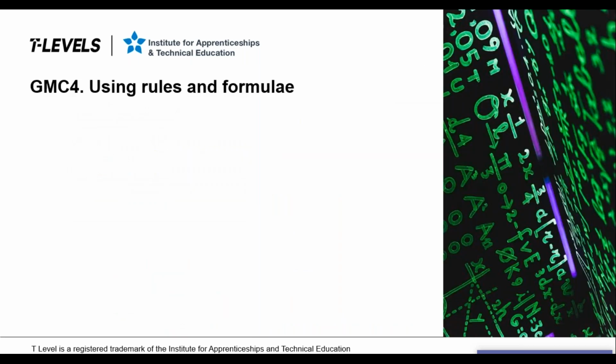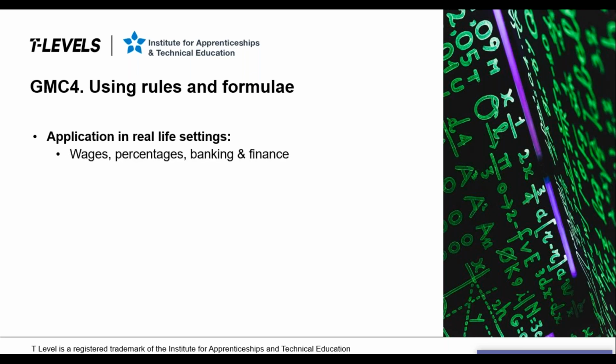Okay, we're now going to move on to using rules and formula. And this is an area that teachers and students can sometimes struggle to see the relevance of. But there are many ways in which they can become real, including in business and finance, especially for compound interest, billing purposes, examples which could be used in utility and mobile phone network charges.